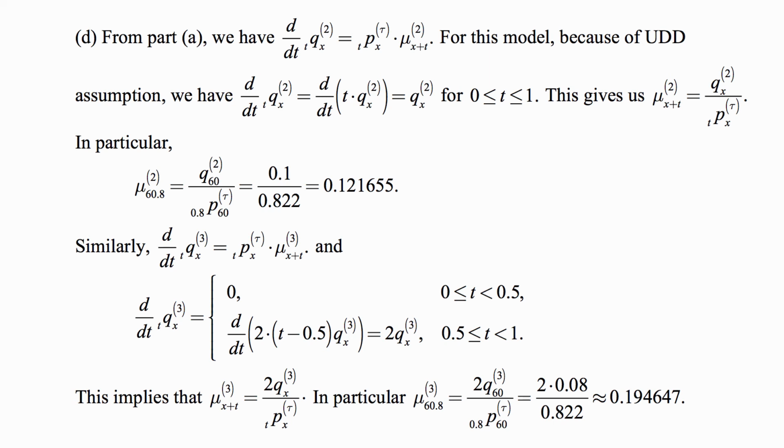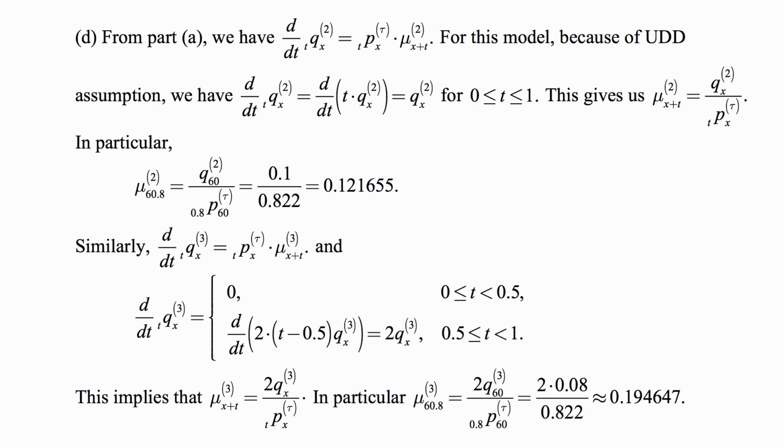This gives us that mu x plus t upper 2 is equal to qx2 over tpx tau. In particular, mu at 60.8 is q60 upper 2 over 0.8 p60 tau, and we have these numbers, so we just plug them in, and this is equal to 0.121655.